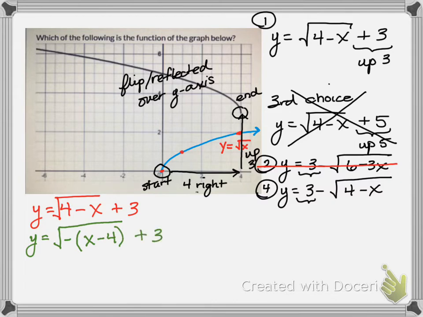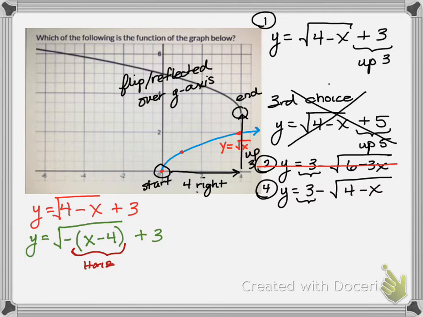So now I'm able, much more easily, to tell what is happening as far as my horizontal movement. Based on this, I can do the opposite of what's inside the parentheses. Without the negative, by the way, so the parentheses x minus 4, I always do the opposite for my horizontal transformation.